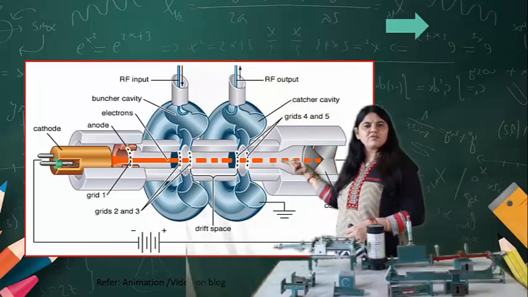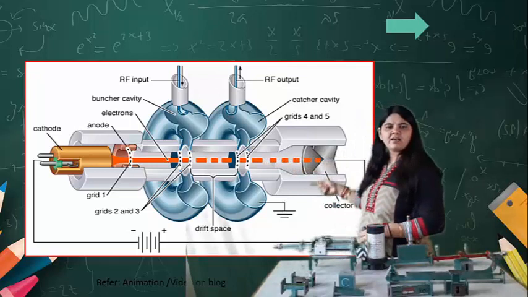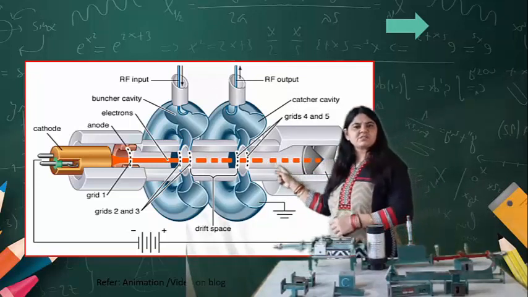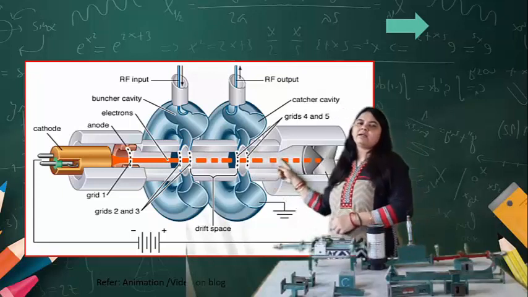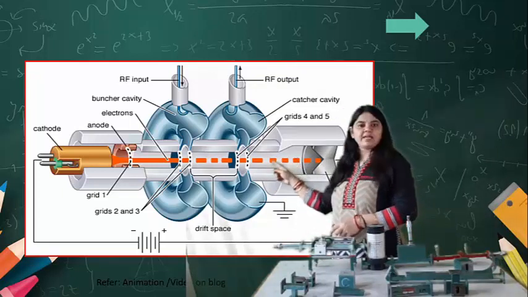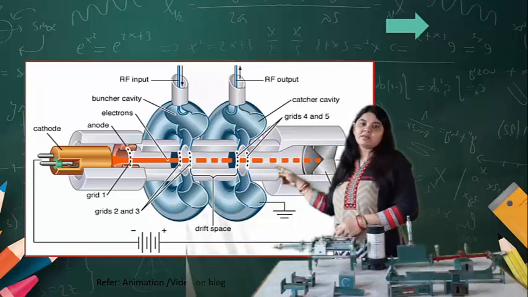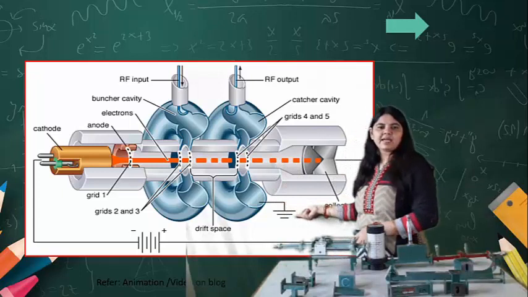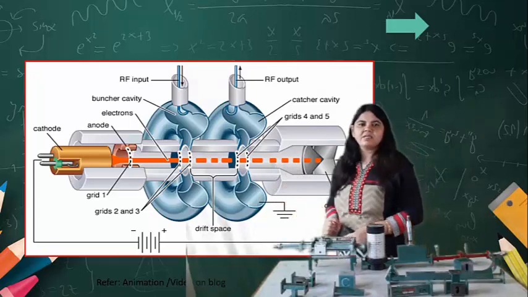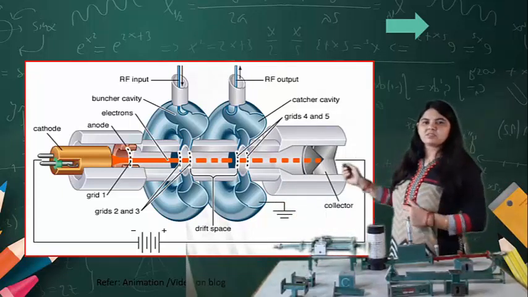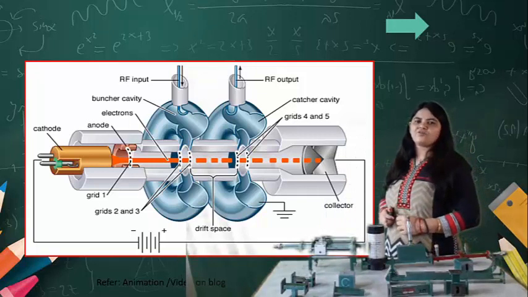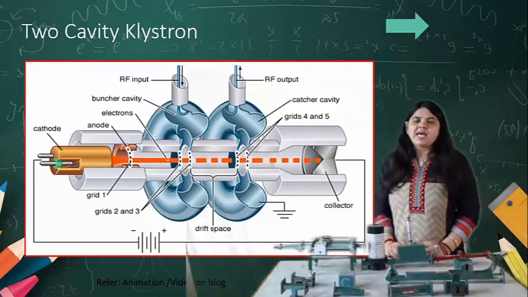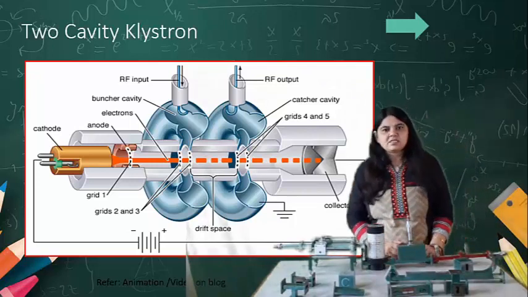The bunch of electrons travels through the space between the buncher cavity and the catcher cavity, which is a drift space. And this cavity is connected with the ground. So this is the structure of the klystron tube, and we can consider it a two-cavity klystron.